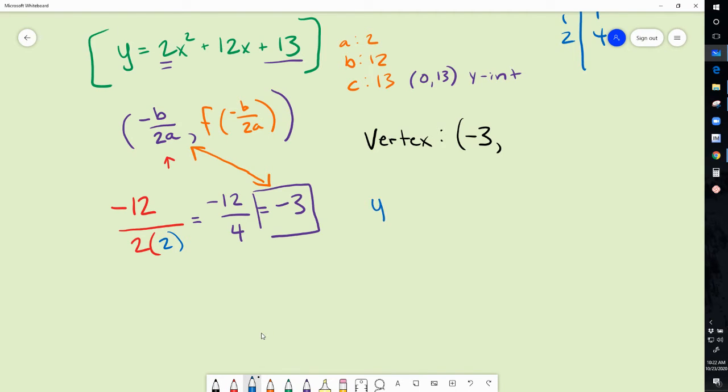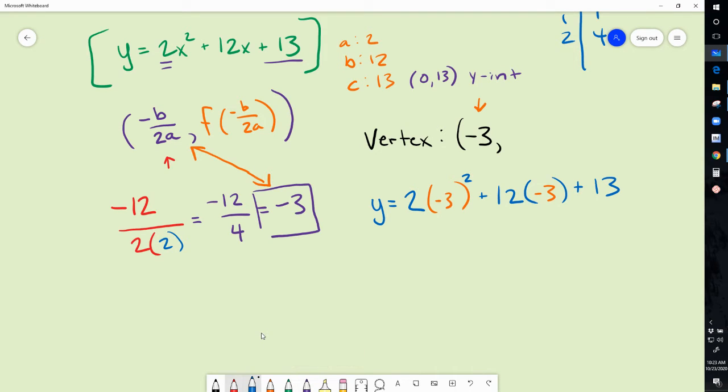So y equals 2 times, let's throw in our negative 3, 2 times negative 3 squared plus 12 times negative 3, plus 13. See, everywhere there was an x, we just plug in a negative 3 because we already know x equals negative 3 at the point we care about. So everything else is the same, but we just plugged in negative 3 for all the x's.